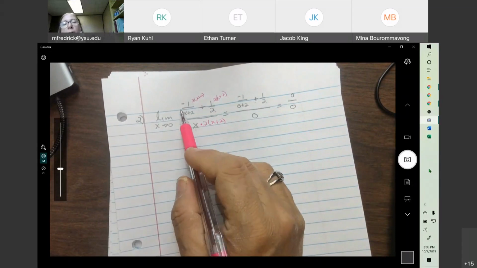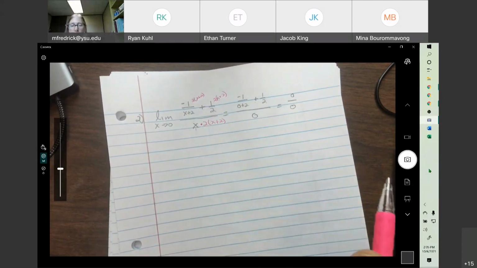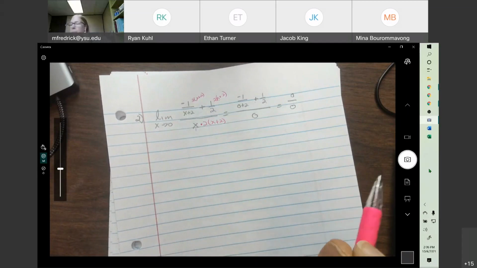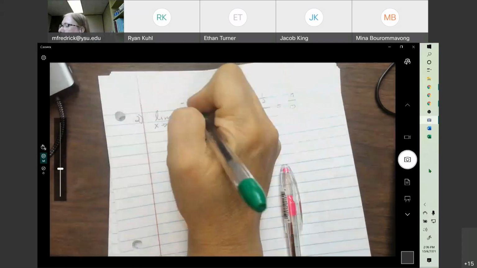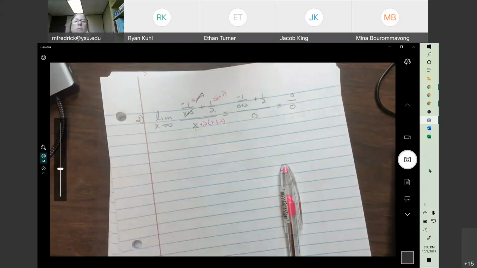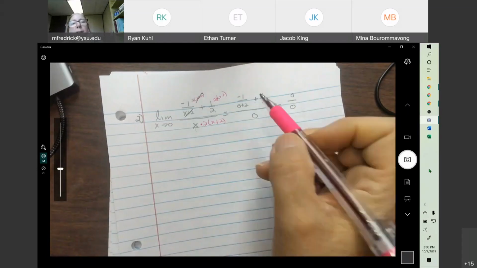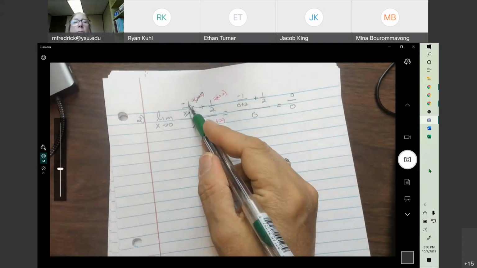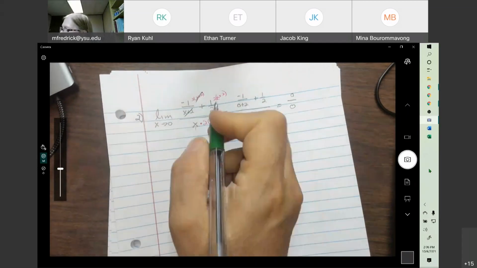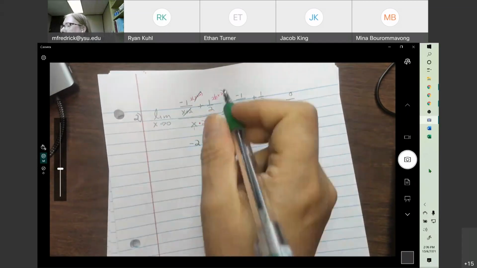I'm going to multiply all three terms by it. Looking at the first one, the x plus 2's cancel and leave -1 times 2, or -2.